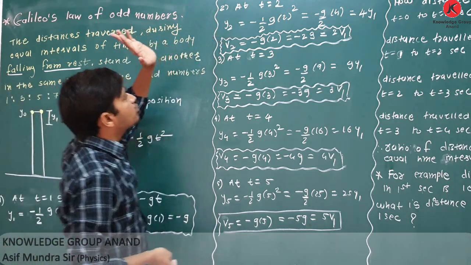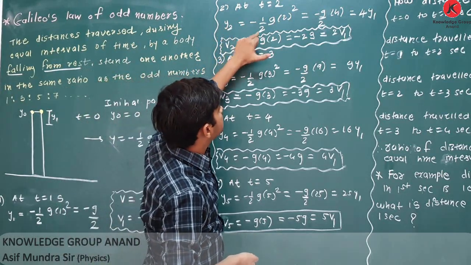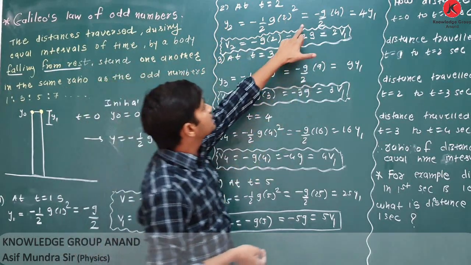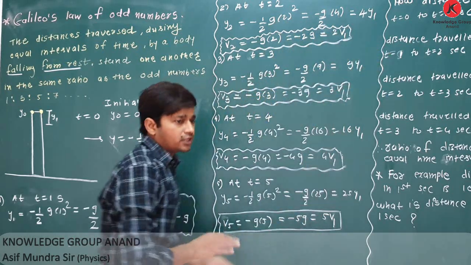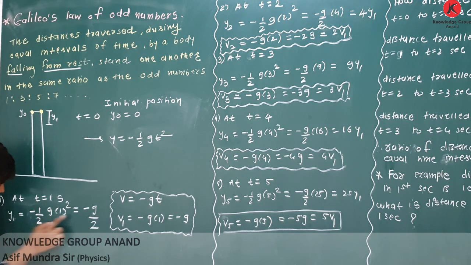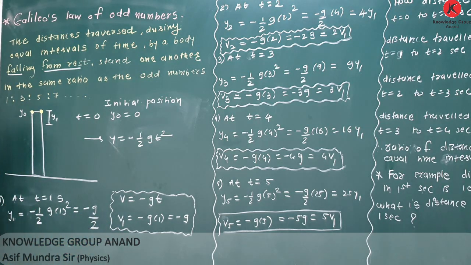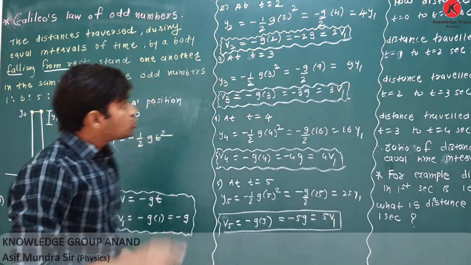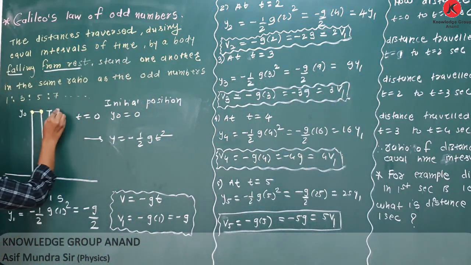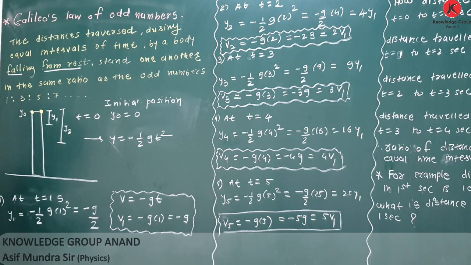Now at time t equal to 2, what is the distance traveled? y2 is equal to minus half g times 2 square, which is minus g by 2 times 4, so it is 4 y1. How 4 y1? See, y1 is equal to minus g by 2, so instead of minus g by 2, I can write y1. So 4 y1. Clear? Any doubt?